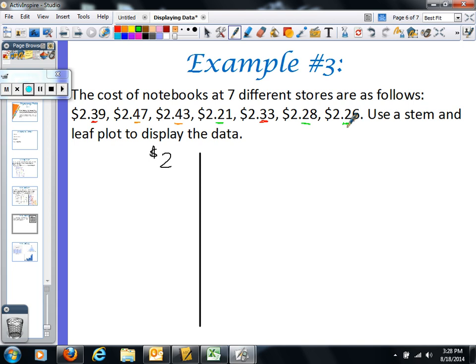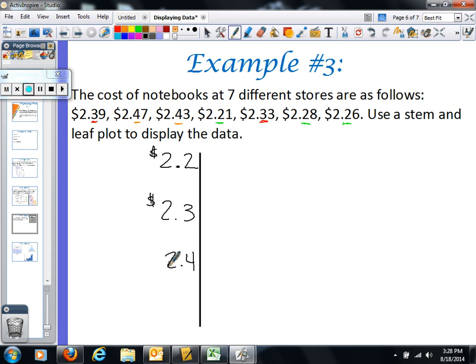Okay? So I have 3 different groups here. In each group there's some that are within them. So what we're going to do is we're going to put 2.2, we're going to put 2.3, and we're going to put 2.4.